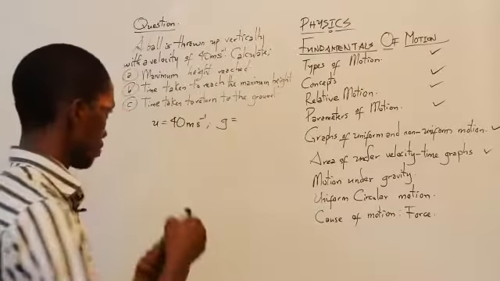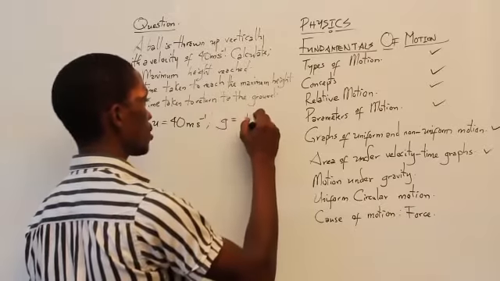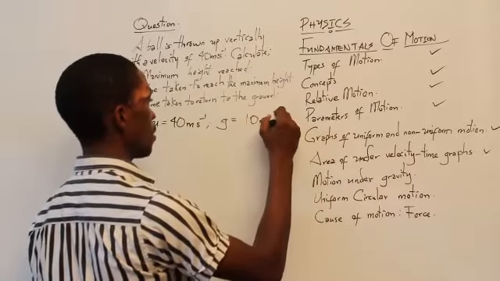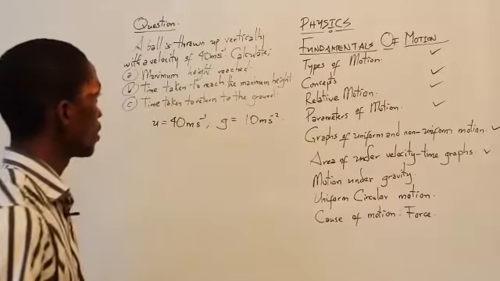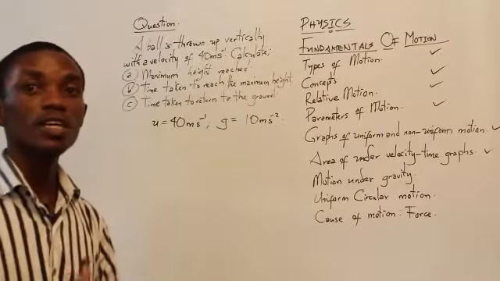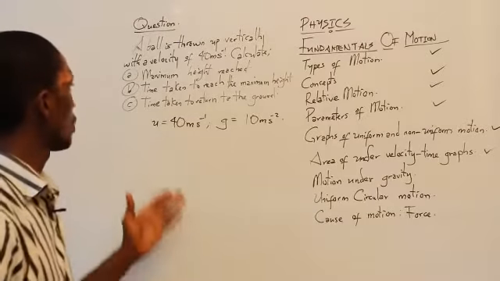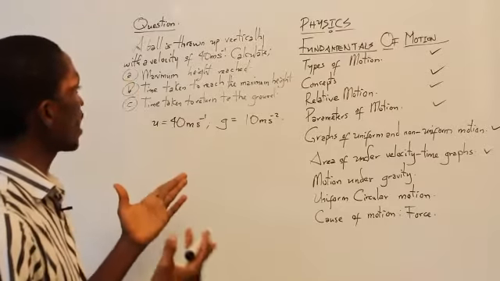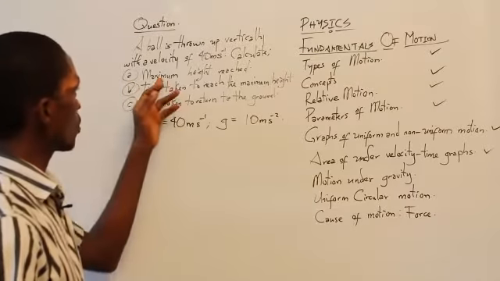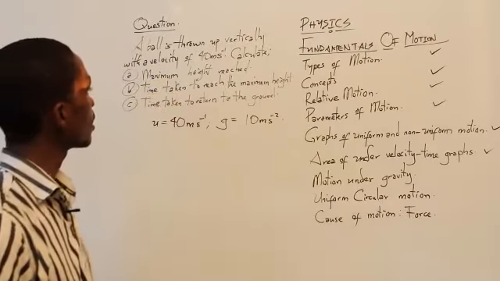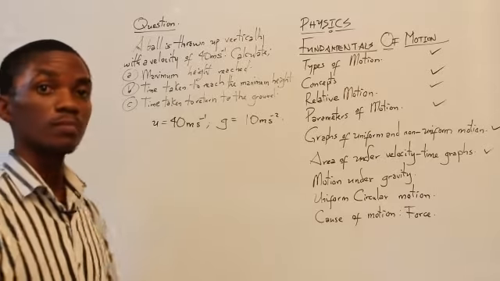So G, in our calculations, go with 10 meters per second square. Now, from our previously given formulas, we can now try to see what can we combine together to get what we need to find. Maximum height.